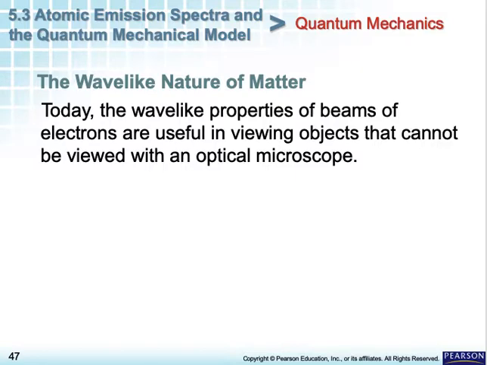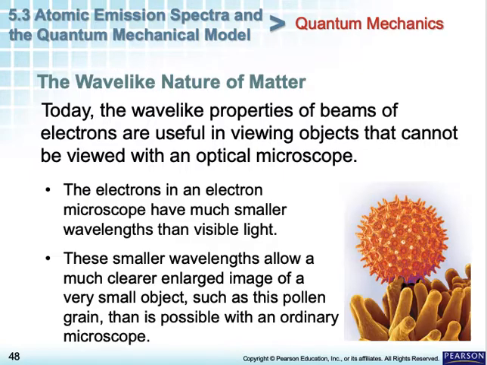Today, the wave-like properties of beams of electrons are used in viewing objects that cannot be viewed with an optical microscope. So you used a microscope, hopefully last year in biology, and that's an optical microscope. We have to use something like a scanning electron microscope to be able to look at atoms and very, very small details.